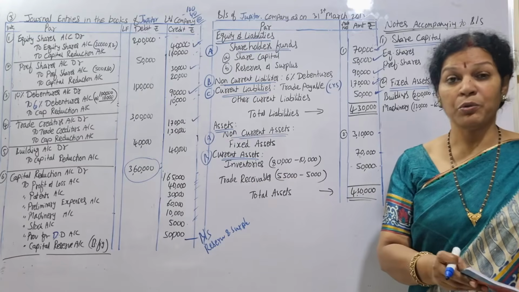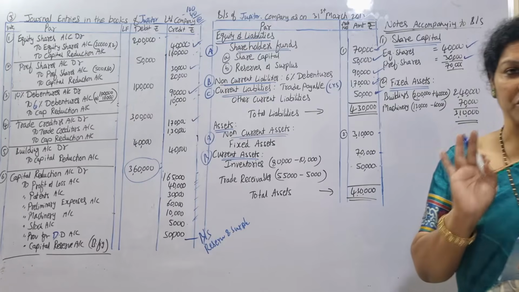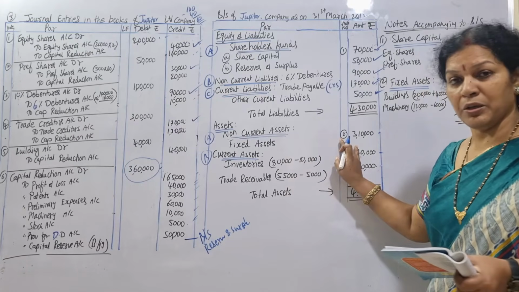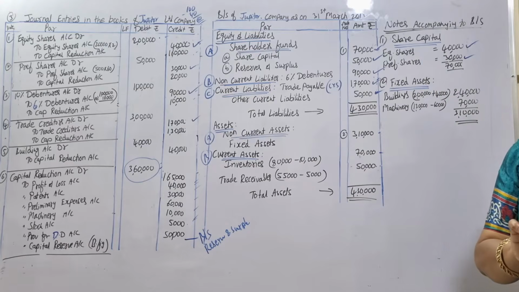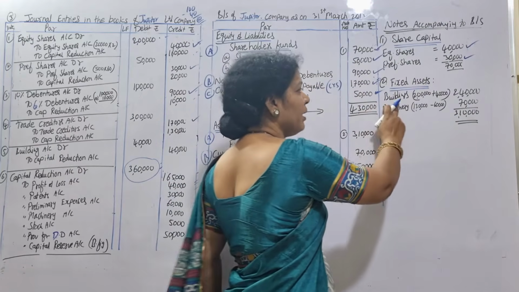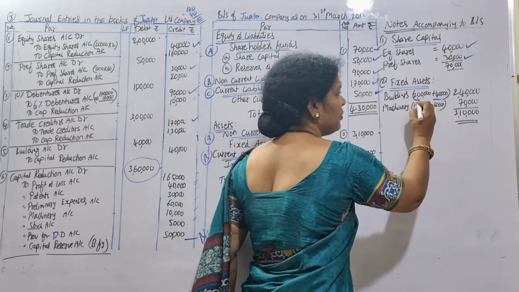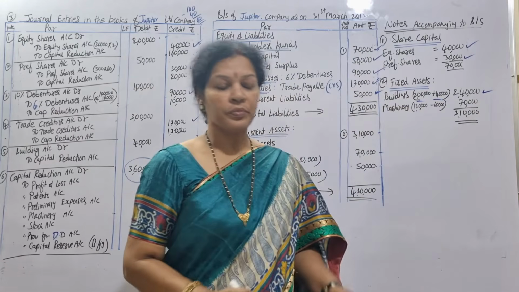Fixed assets, what do we have? Look at the asset side. We have building and machinery. Only two assets are there, so we are showing that in note number 2. The building value was given as 2 lakh, but there is an appreciation for the building. So the building value is 2 lakh plus appreciation 40,000, which comes to 2,40,000.